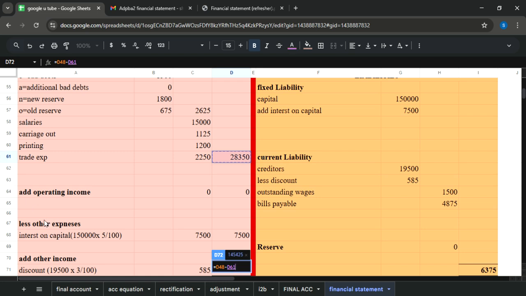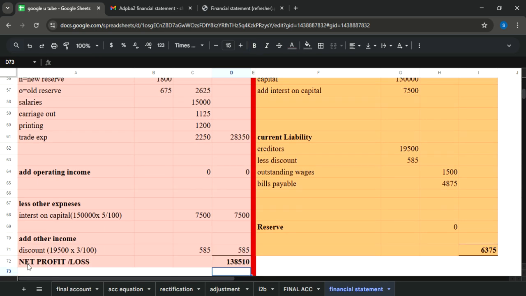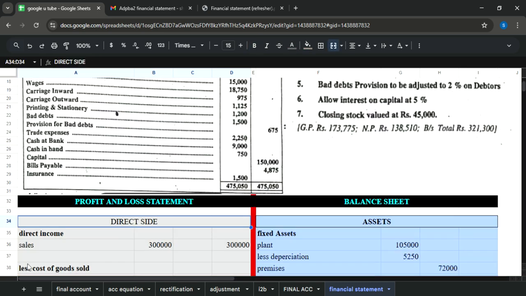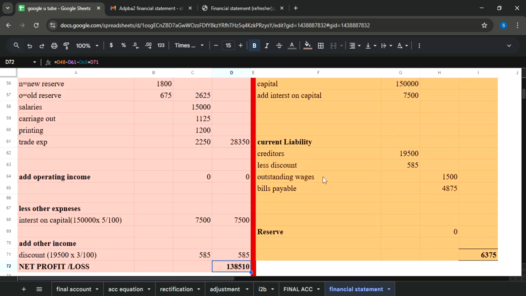Then there is no operating income, so we will jump to other expenses, less 7500, and then add other income plus, and that is how you will get 138510. Let's check it out. So we have got our net profit 138510, and here 138510. So left part is completed.